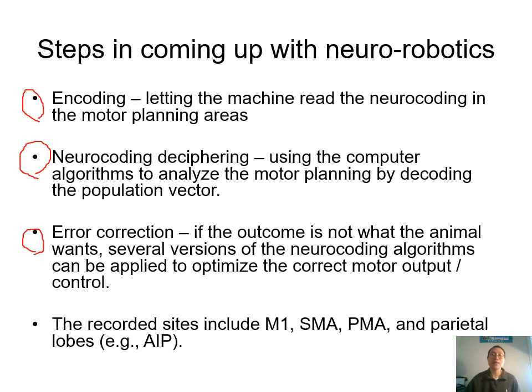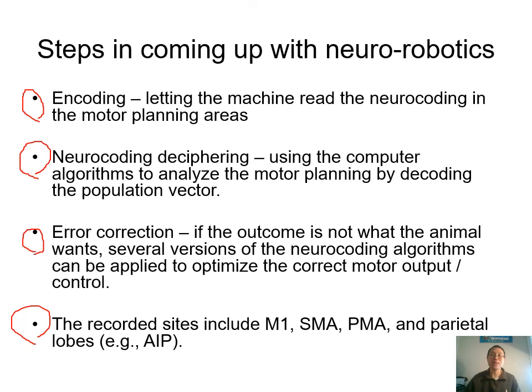And then the last part is that they can go to the recorded sites, including M1, SMA and PMA, and some other areas, and have a very big dataset to say, okay, when all of these neurons are firing, this is the output that this person or this animal wants to have, its motor output goal.